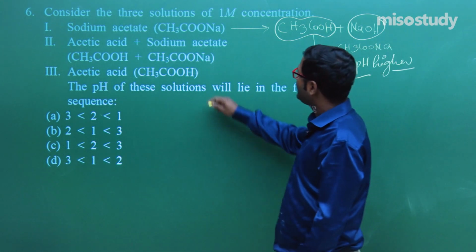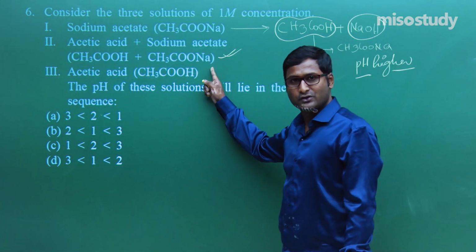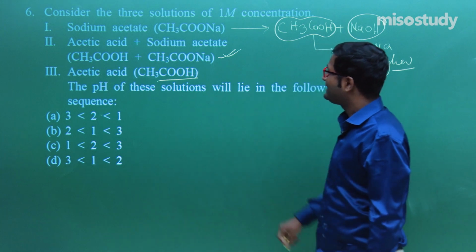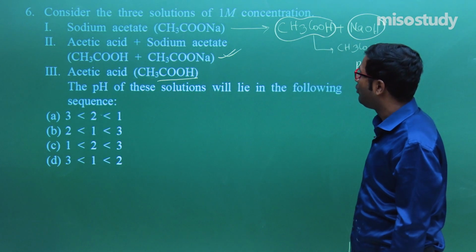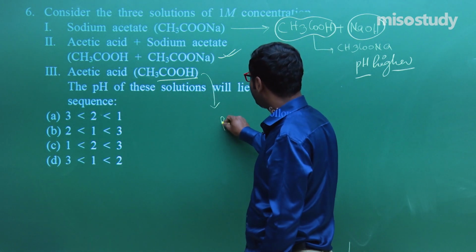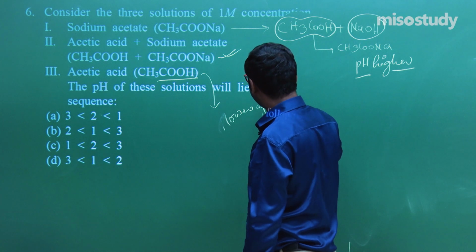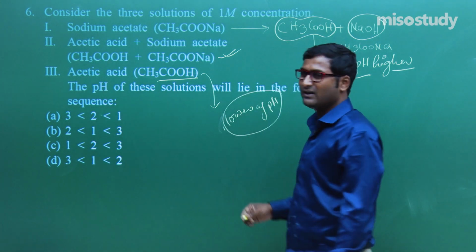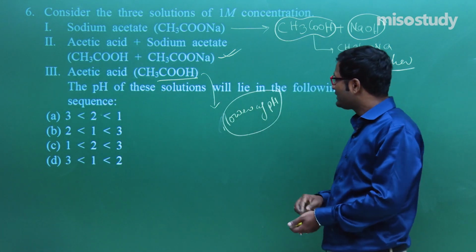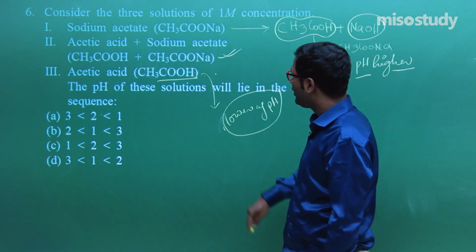And if I talk about acetic acid plus sodium acetate, that is the buffer solution. And third one, that is CH3COOH. Clear to you? CH3COOH, definitely it has a lower value of pH, near about 7 or slightly lower than 7.